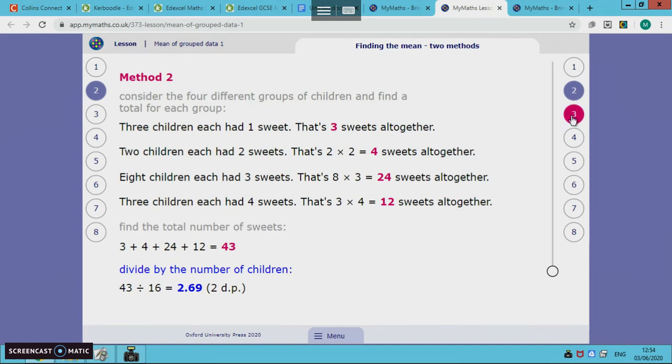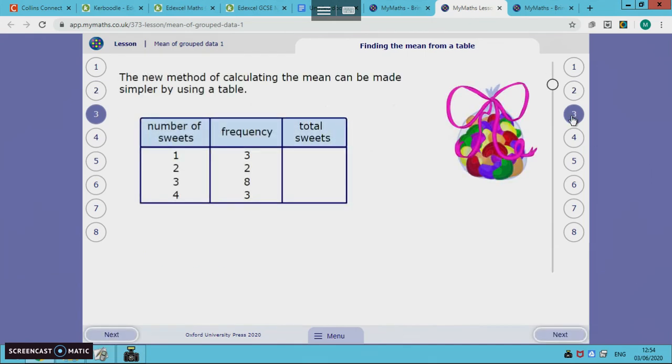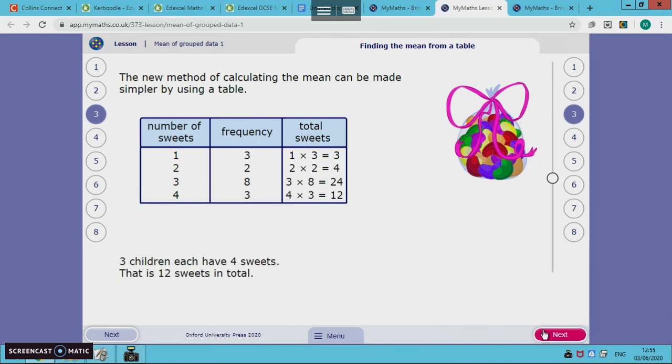Now here is how it could look in a frequency table: number of sweets, frequency, total sweets. That data that we've just seen about kids having sweets, that's how it could look in a frequency table. I'm sure that some of you remember seeing this. We did this in year 9, I think, at the start of year 9, averages from a frequency table. So 1 times 3 would give you 3. 2 times 2 would give you 4, 3 times 8 would give you 24, and 4 times 3 would give you 12.